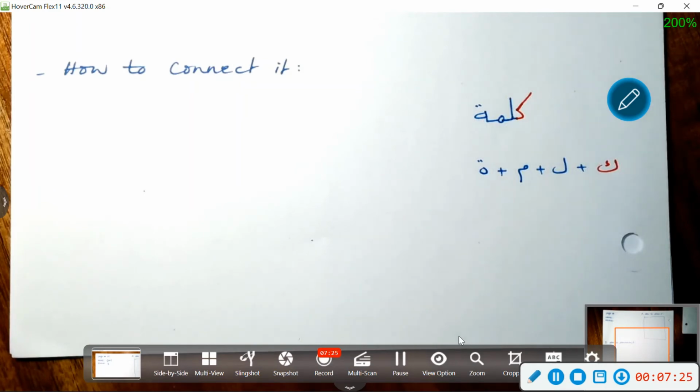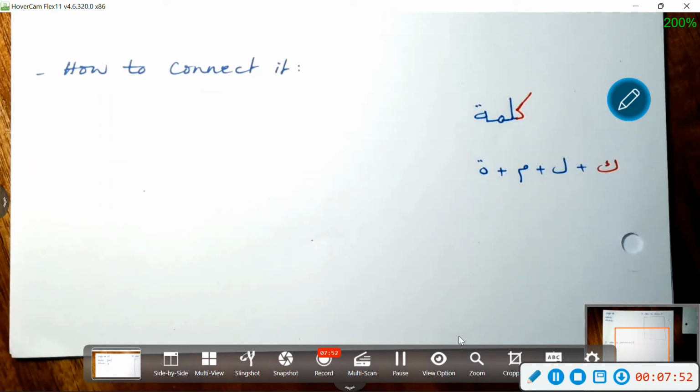Depends on where you are. So if you are a Lebanese, you're going to say kilme. And if you are, for example, an Egyptian, you're going to say kilma. And so on.